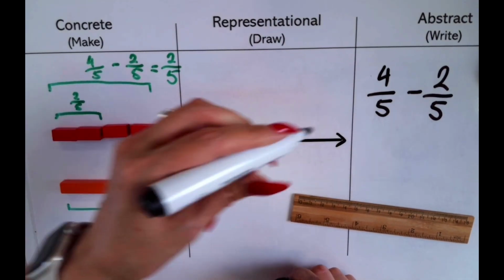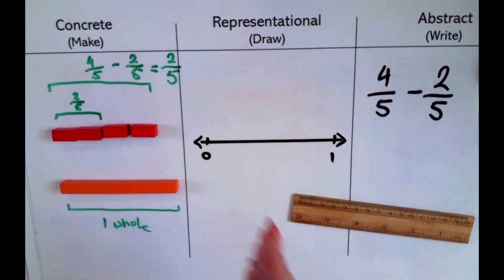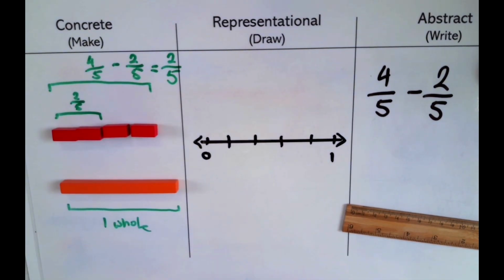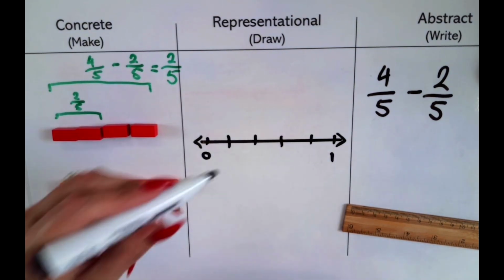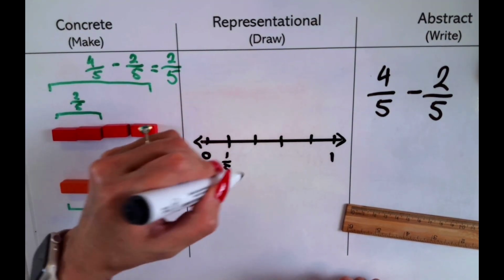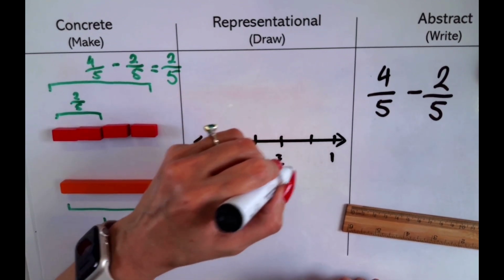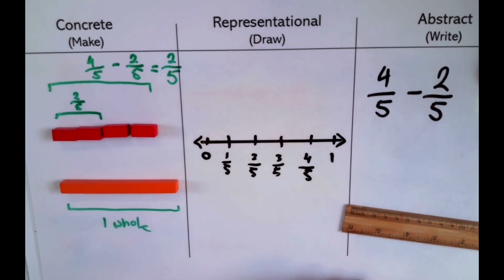Here is my 0, here is my 1. Now I'm only dealing with numbers between 0 and 1, so I only need to go up to 1. I would partition my number line into fifths: 1/5, 2/5, 3/5, 4/5.